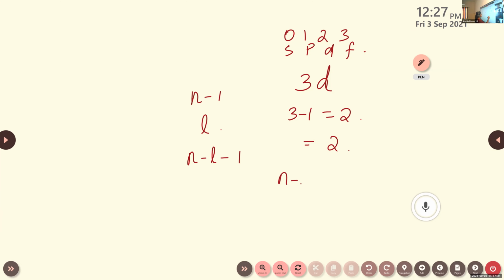Then n minus L minus 1: 3 minus 2 minus 1. That is equal to? 0. That's it. So you have to learn these equations to find the total number of nodes, angular nodes, radial nodes.